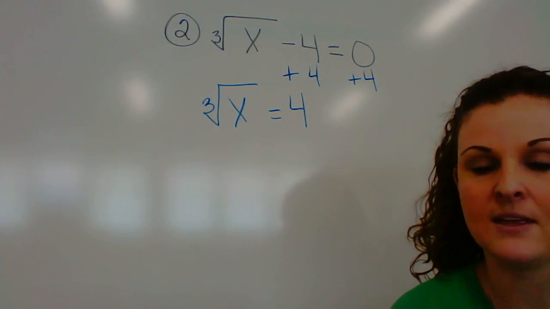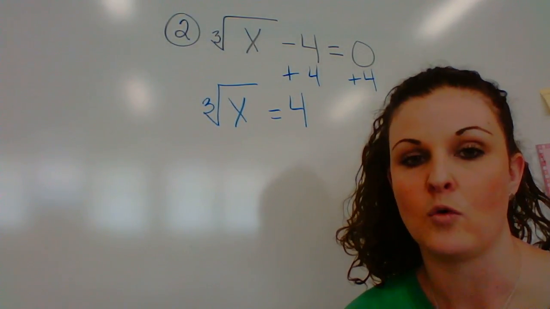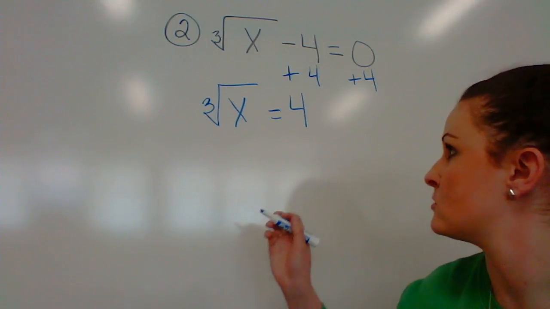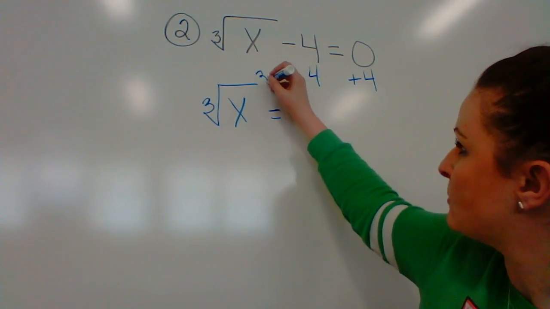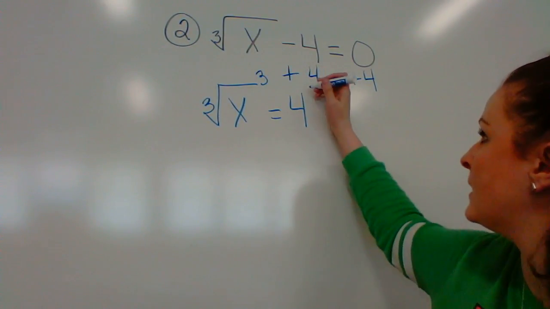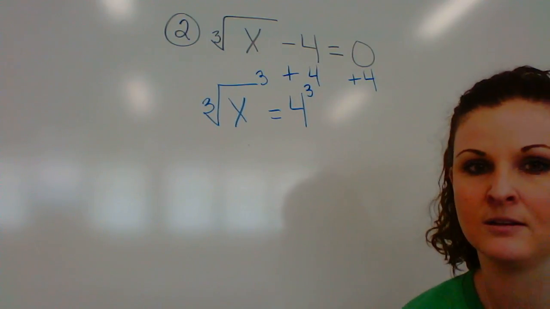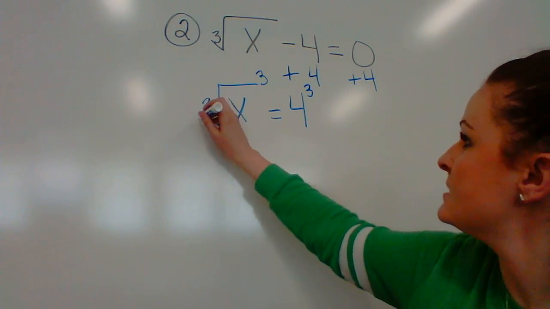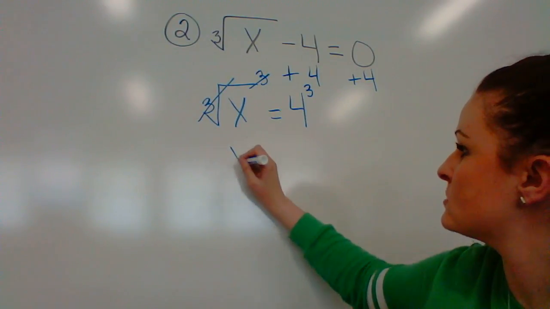Right? And then again, you can just ask yourself, what cancels a cube root? Well, cubes. Cubes cancel cube roots. So if I put a cube here and a cube here, what happens? This cancels this, leaving you just with x.